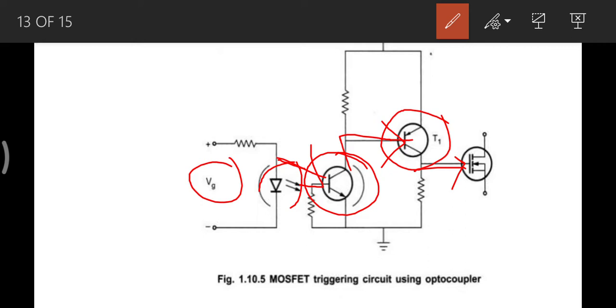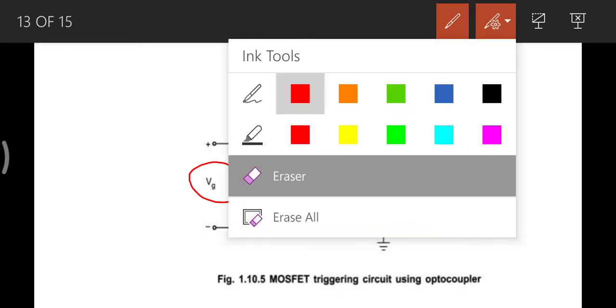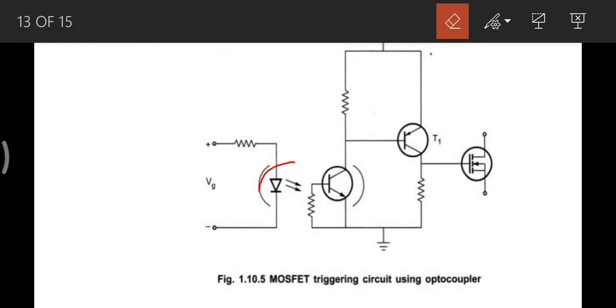When we turn off the MOSFET, at that situation VG is considered as 0. That means we are removing the voltage VG. When this is removed, there is no production of infrared from the LED, so this LED will be turned off.